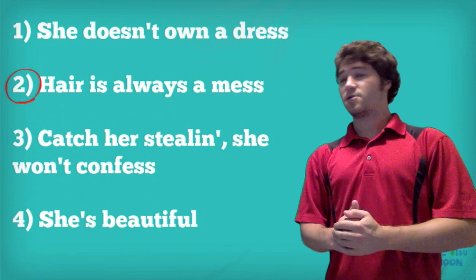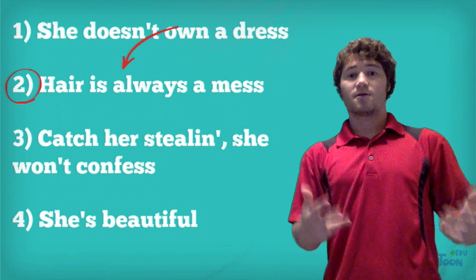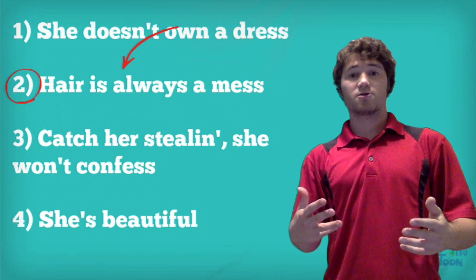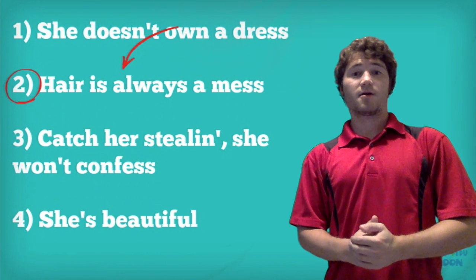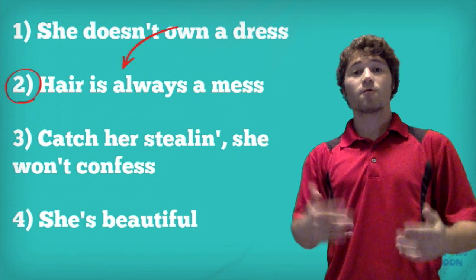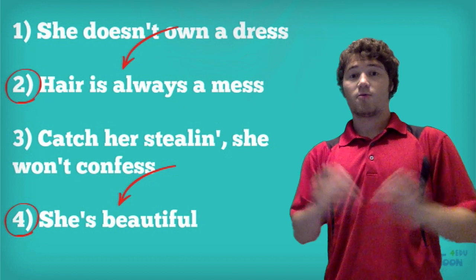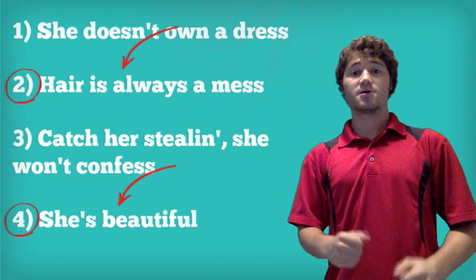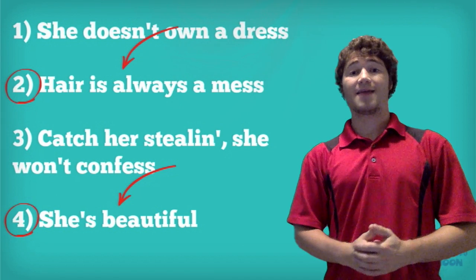There you go. As you can see, the second line, her hair is always a mess, is direct characterization. Pretty straightforward description of the character. The same is true for the fourth line, she's beautiful. Once again, an adjective directly describing her, so not much we can do in terms of interpreting that line.